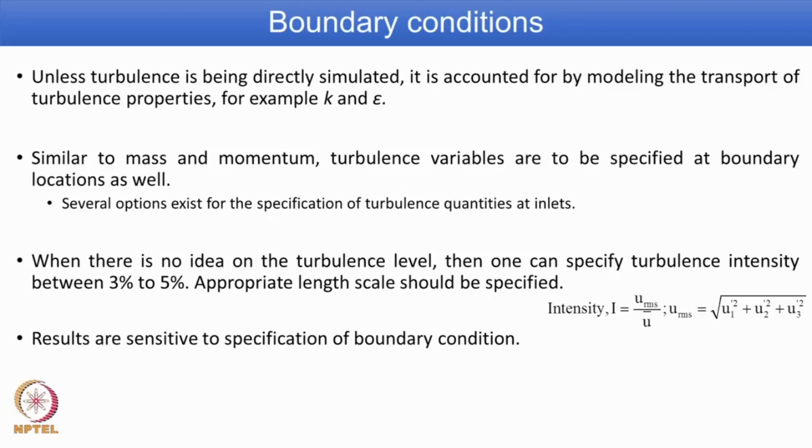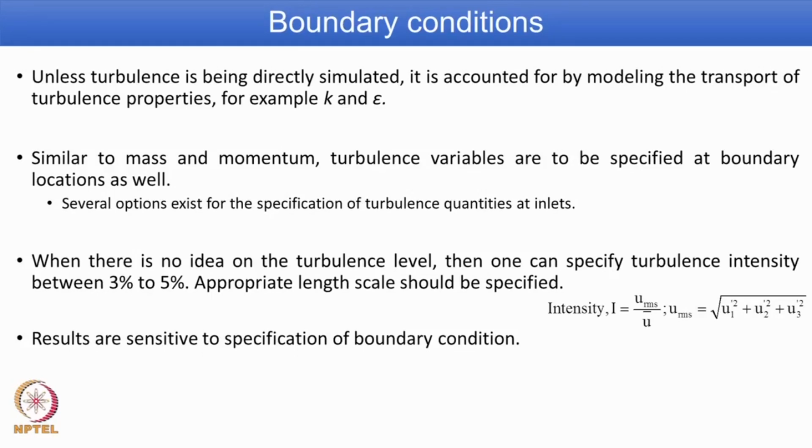Unless turbulence is being directly simulated, that is, there is a class of turbulence simulation called direct numerical simulation, where there is no modeling approach. The Navier-Stokes equation and continuity equation are solved as they are available. The interpretation of the variables is that each one of them represents an instantaneous quantity.